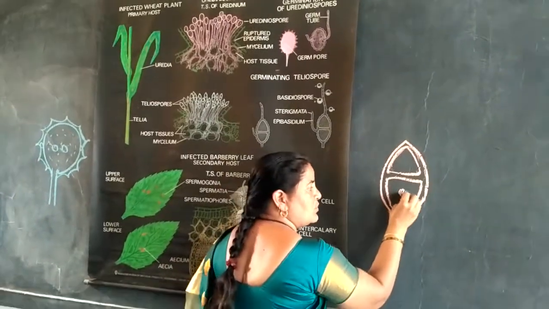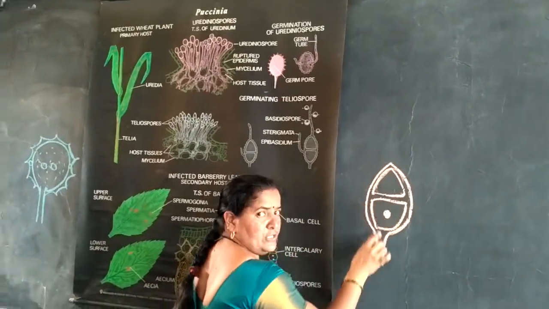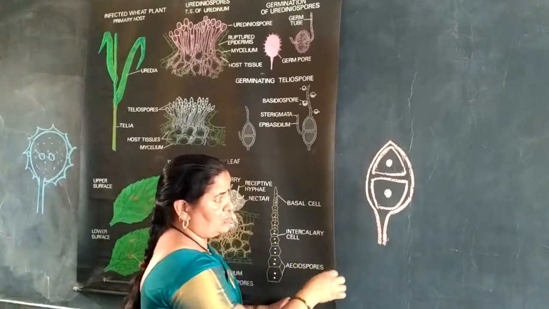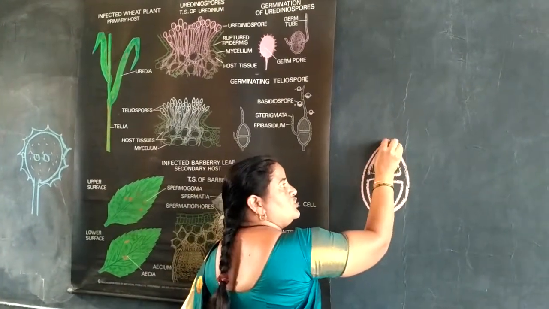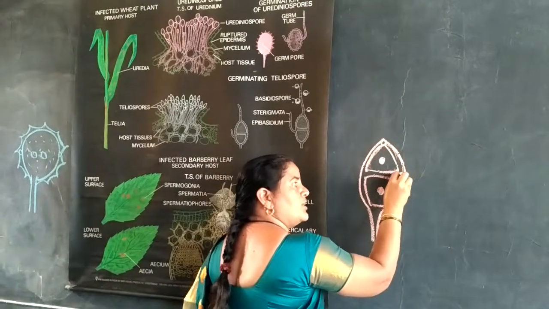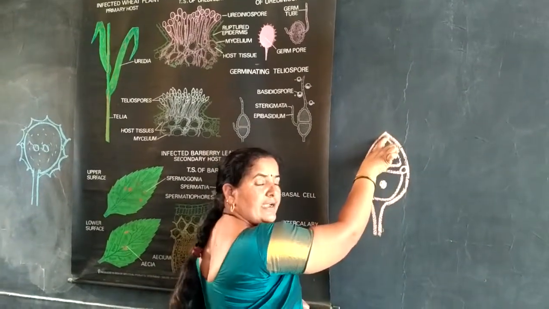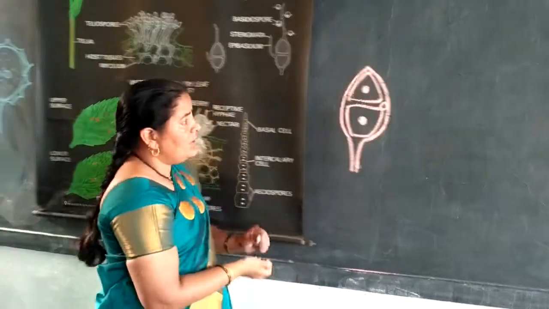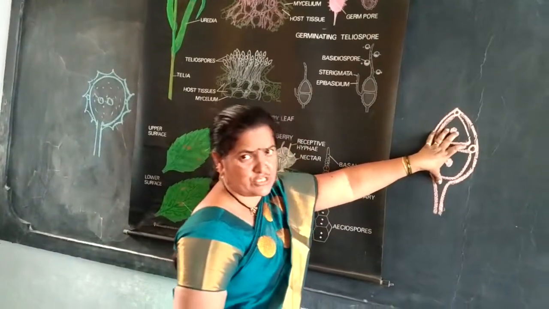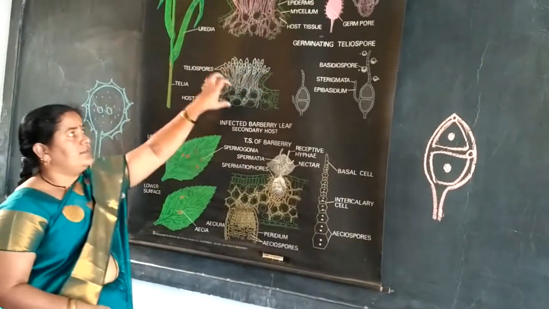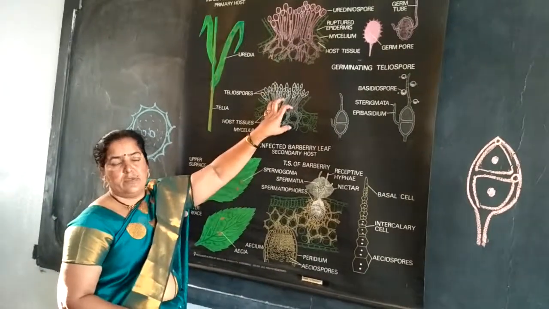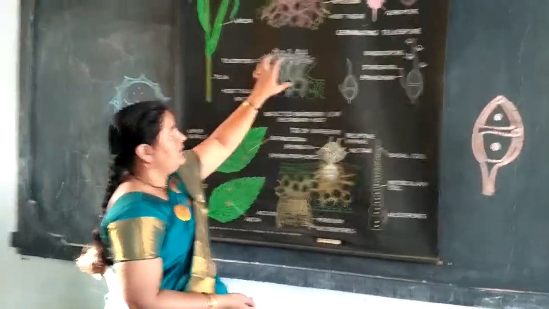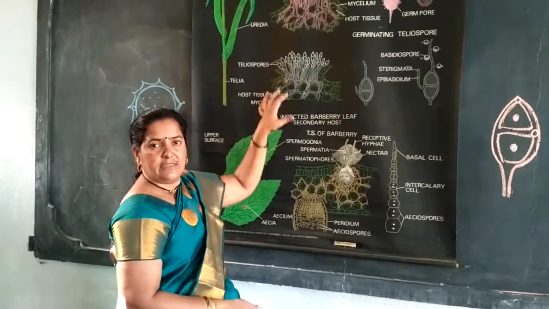So these spores are bicellular, binucleated and diploid in nature. They show 2 germ pores, one at the tip while another is near the partition wall. When these teliospores occur in a group and come outside by rupturing the host epidermis, it is called a telial pustule.